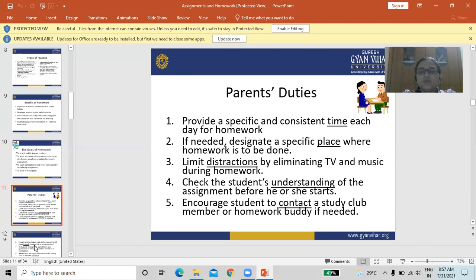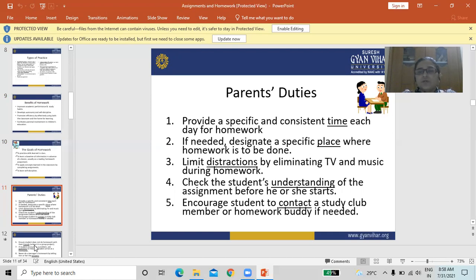Check the student's understanding of the assignment before he or she starts. Encourage the student to contact a study club member or homework buddy if needed.